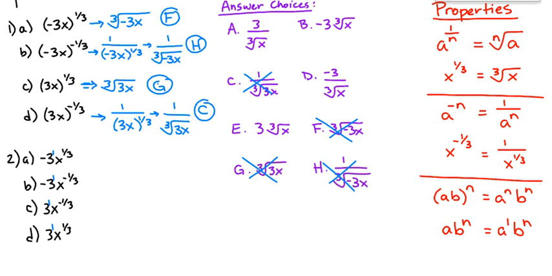So the only thing that changes to a radical is the x. So this one becomes negative 3 cube root x, and that's b.